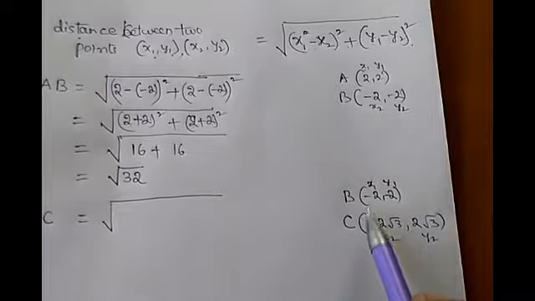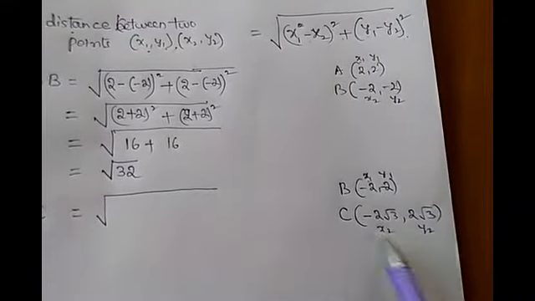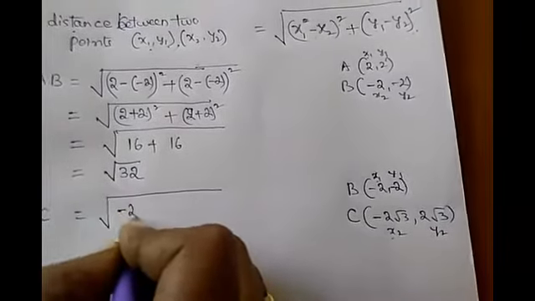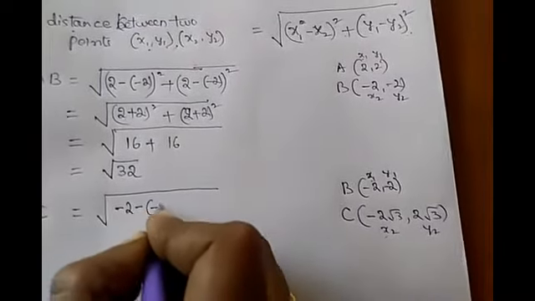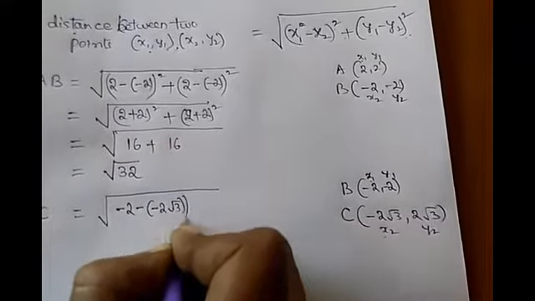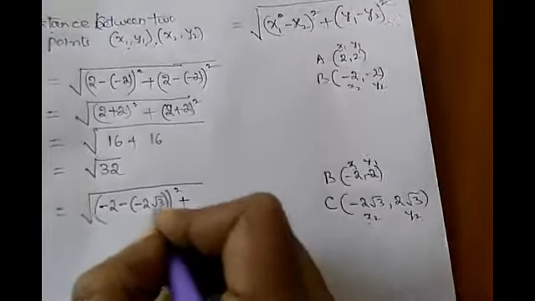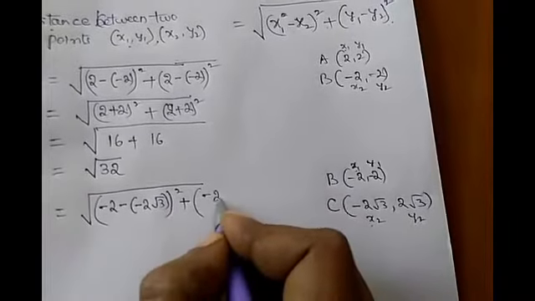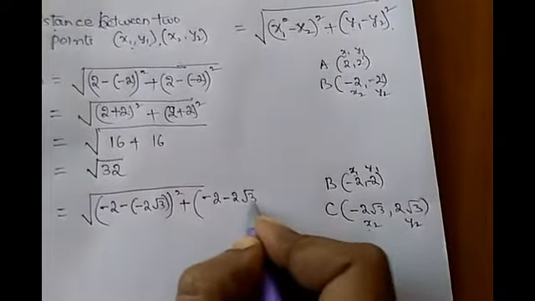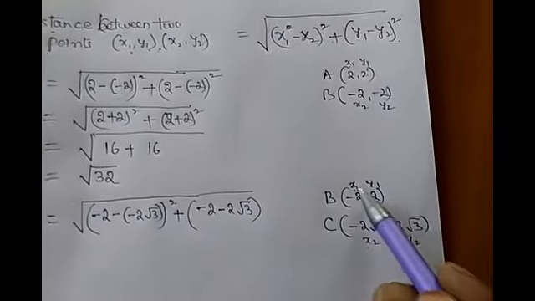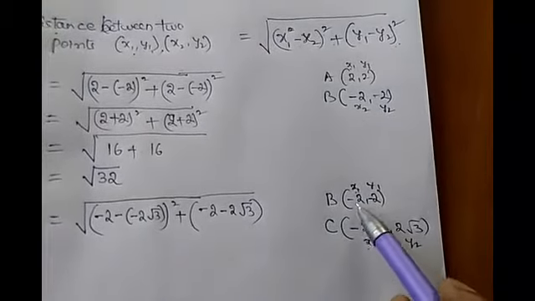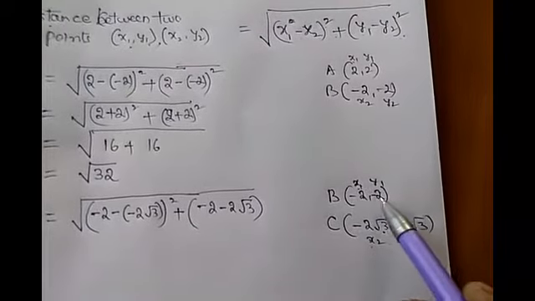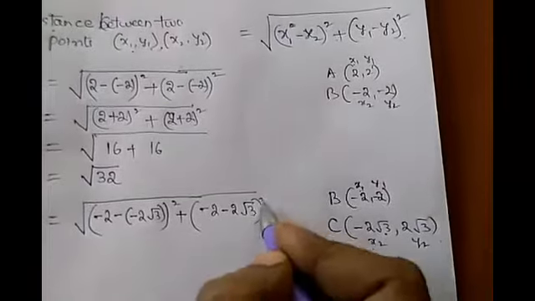Now by using the distance formula, x1 minus x2 whole square, that means minus 2 minus of minus 2 root 3, minus 2 minus 2 root 3 whole square plus y1 minus y2. Observe carefully. Here x1 minus x2 means minus 2 minus minus 2 root 3, and y1 minus y2 means minus 2 minus 2 root 3 whole square.